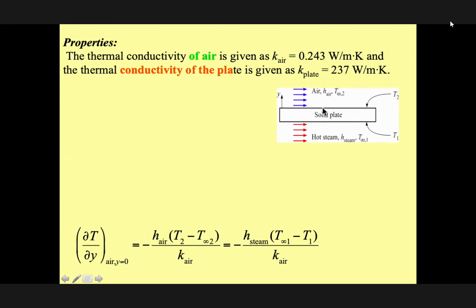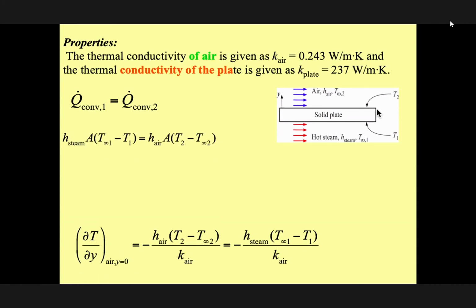The only thing we know is the air is going in this direction. Therefore, I can write the conduction here, because convective is equal to conductive here, as I mentioned, since it is a steady state scenario. Convective, conductive, convective, all of them are the same. And I can easily write this expression.